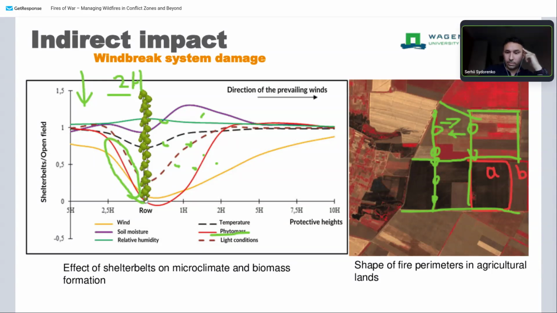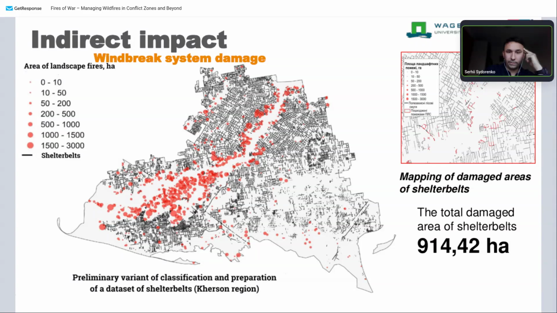So we can talk about physical impact directly from shelling or use of heavy machinery, tanks, and so on. But the system is also damaged by landscape fires. And here in Kherson region, we did some quick analysis of what's happening, and we found the impact of landscape fires is not huge, but it is only part of the impact. Another dimension of impact is physical damage.